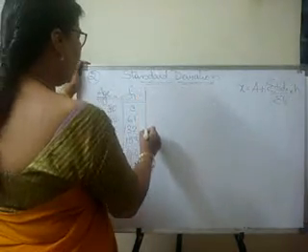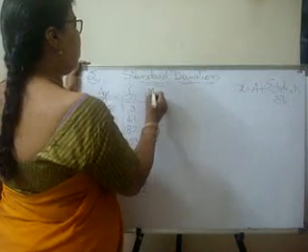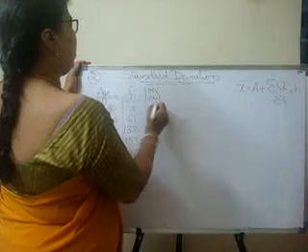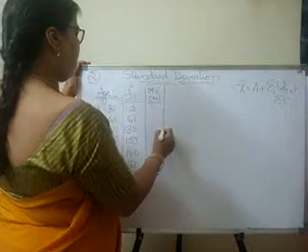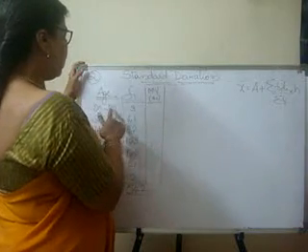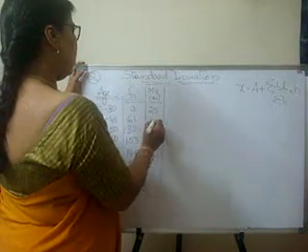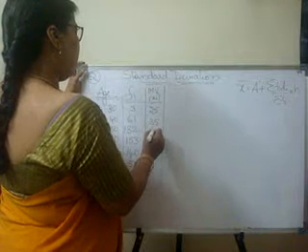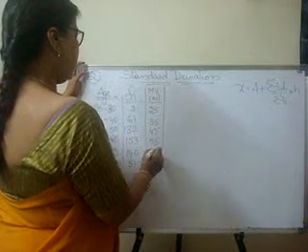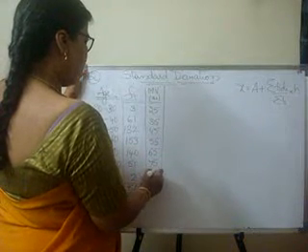We require the mid values: (20 plus 30) divided by 2 is 25, 35, 45, 55, 65, 75, 85.